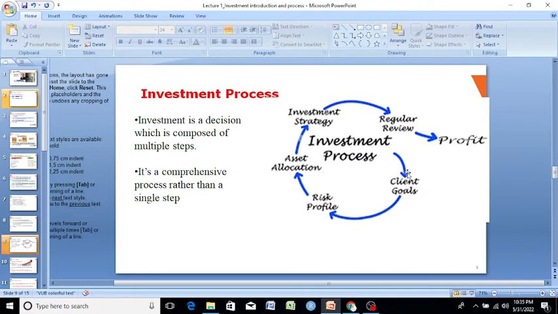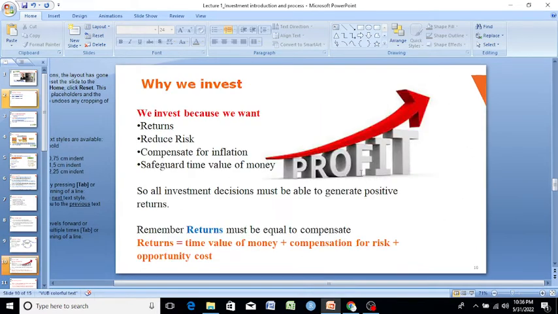As you can see, it is composed of many steps, which start from the overall objective like the client goals, and then we have to look at the risk profile of the investor. Then we have to make asset allocation, and we have to design an investment strategy. And after all this process, we have to review our investment decision to see whether we have achieved our goals or not. In the coming slides, we will properly discuss this process in 6 integrated steps.